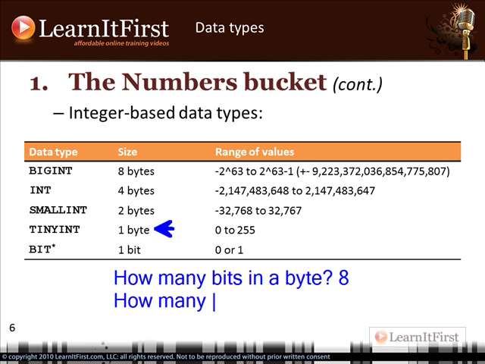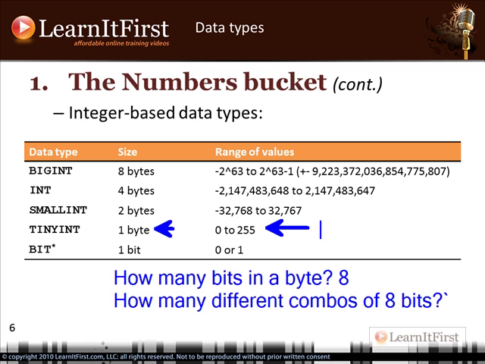How many different combinations of 8 bits are there? What are the values of a bit? Well, you could see it right here. A bit can be either a 0 or a 1. You have 8 bits. How many unique combinations can you create? 256. Okay. And that's where we get 0 to 255. 0 counts, right? So it's 255 plus 0, which is 256 unique values.